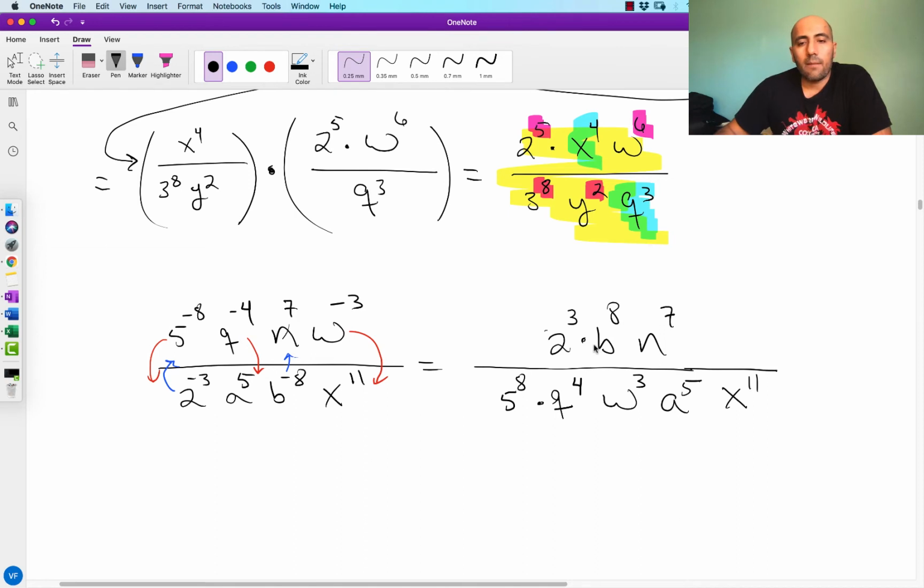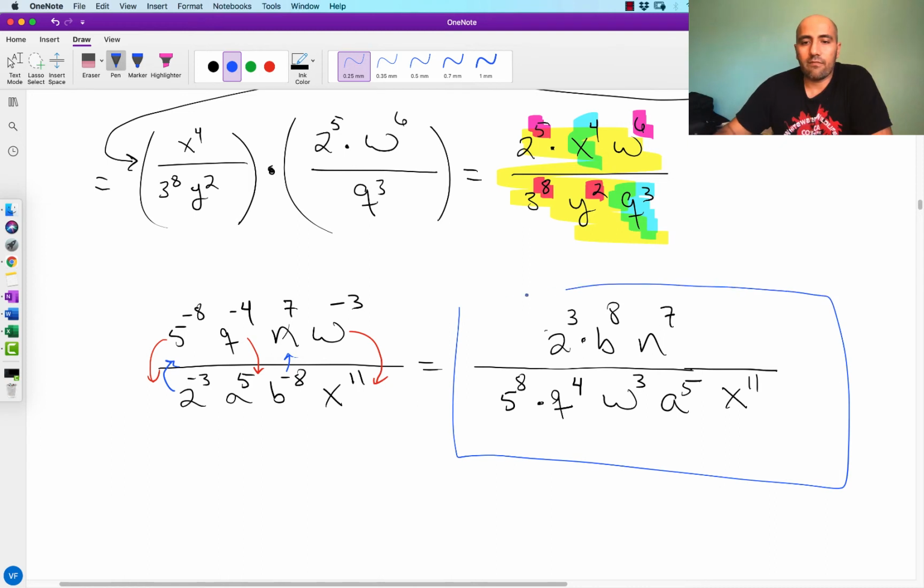Good. And now, should we actually multiply this out? 2 times 2 times 2, that's just 8, right? So 8 just looks simpler than 2 to the 3rd power. So most people would just change that to 8. But 2 to the 8th power is pretty big. So I think most people would just leave it like this in exponential form. So this would be our final answer.